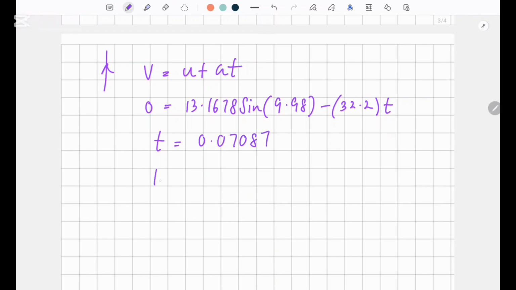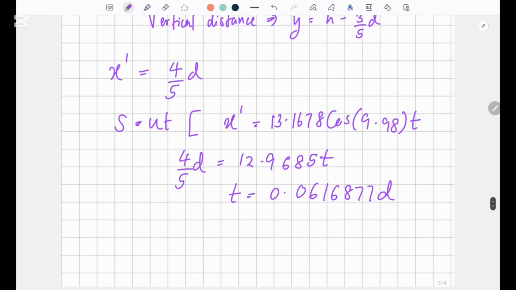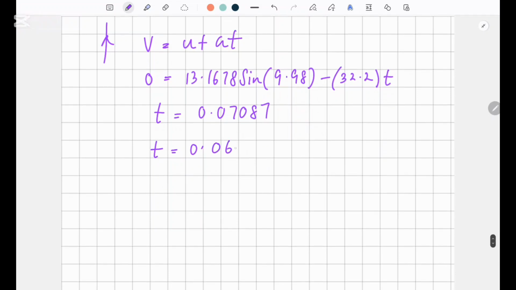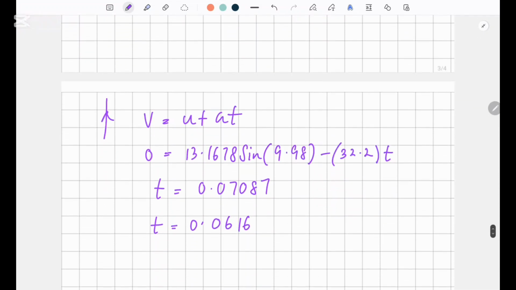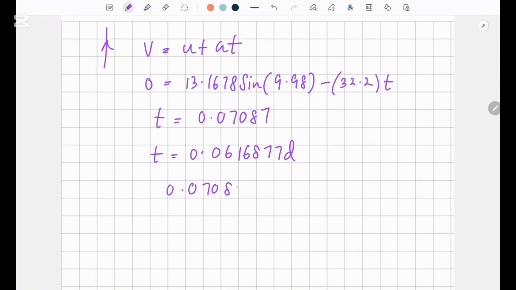And we previously found t equals 0.0616877 D, right? So now you can find D. So D gives you 1.14886, so I round it off to 1.15 feet.